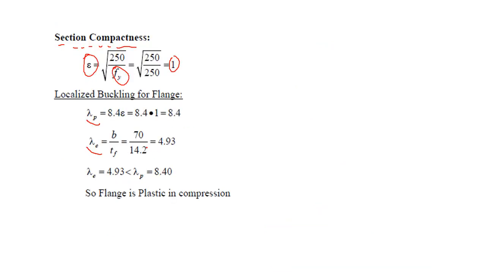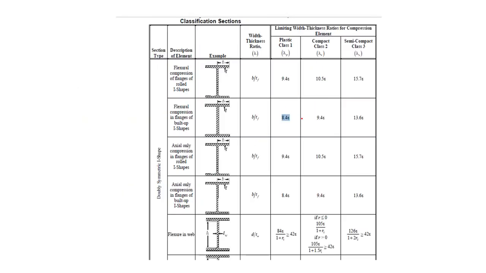Dividing, we get 4.93. We know the plastic limit is more than this, as 8.4 is much bigger, so the flange is plastic.